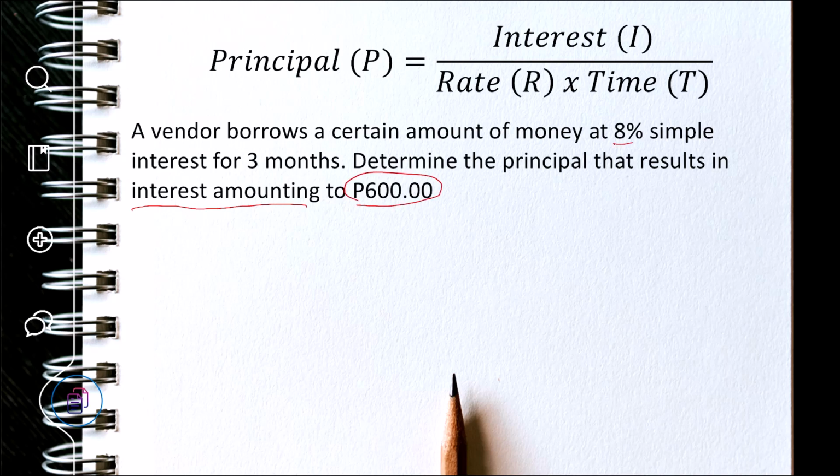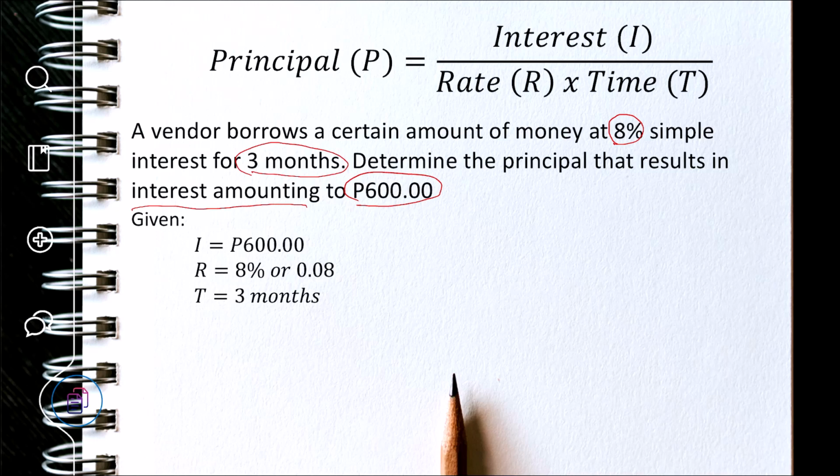And then, ang kanyang rate is 8% at yung time natin is in months. Given, the interest is 600, the rate is 8% or 0.08, and yung time natin is equal to 3 months. Or, pwede natin convert na kagad sa 3 over 12 or 1 over 4 years.